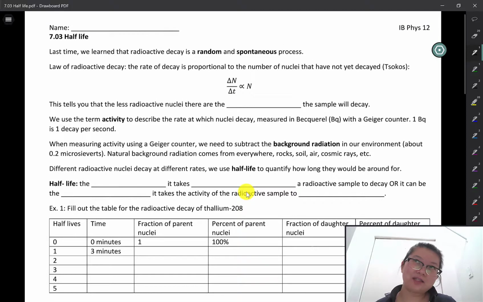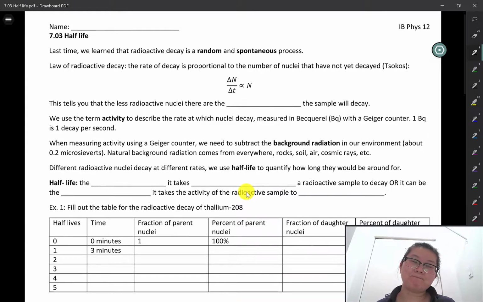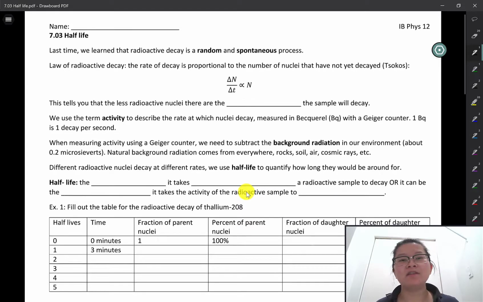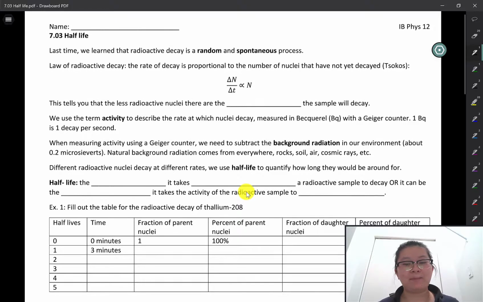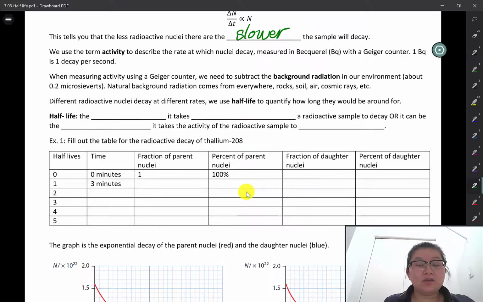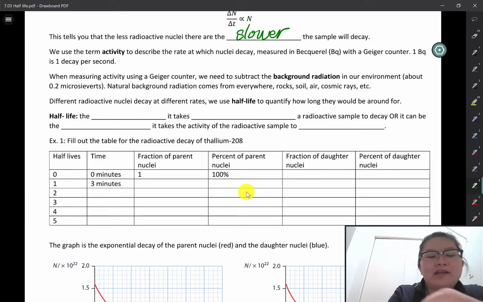The name half-life itself is not quite as intuitive as it sounds, so let's get a better idea of what it is. Half-life is a measurement of time.